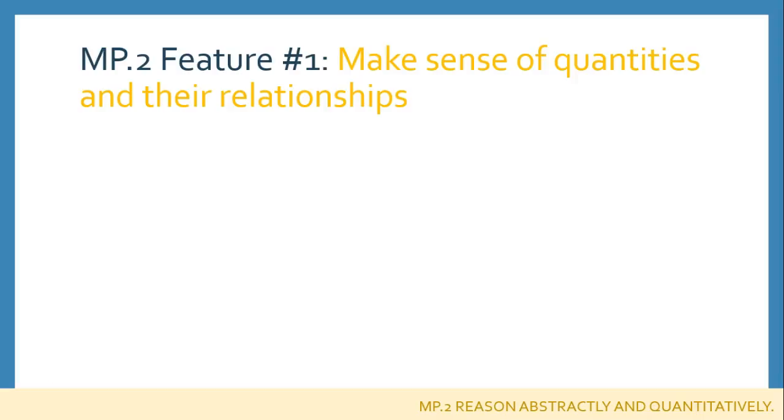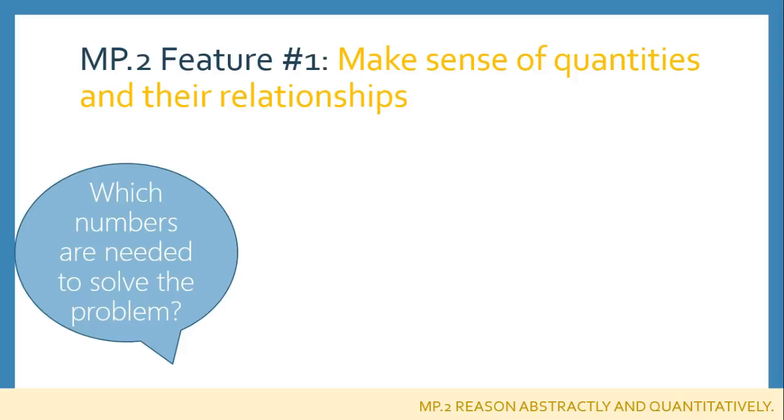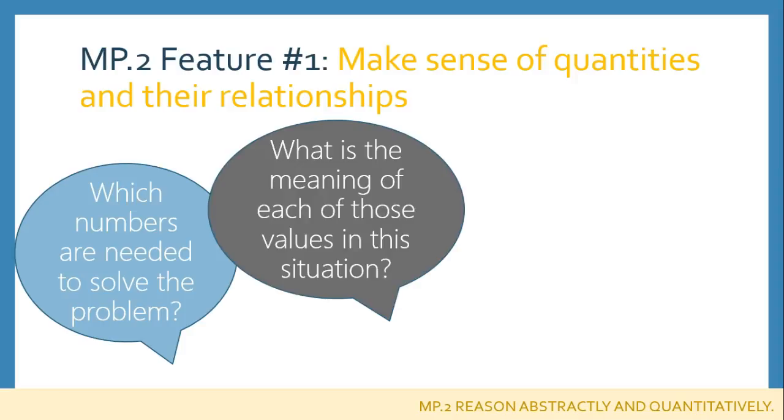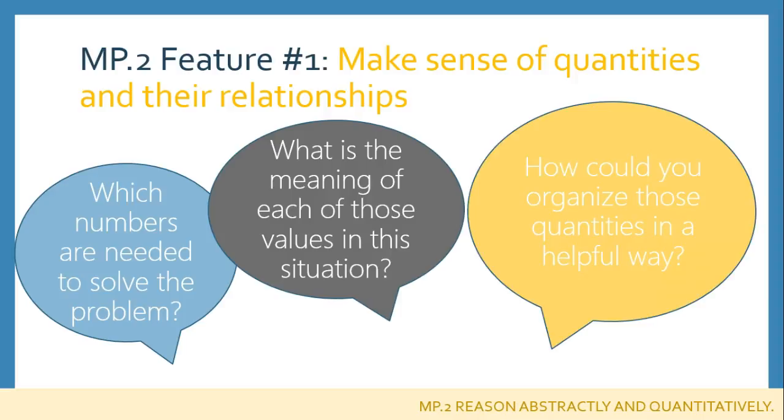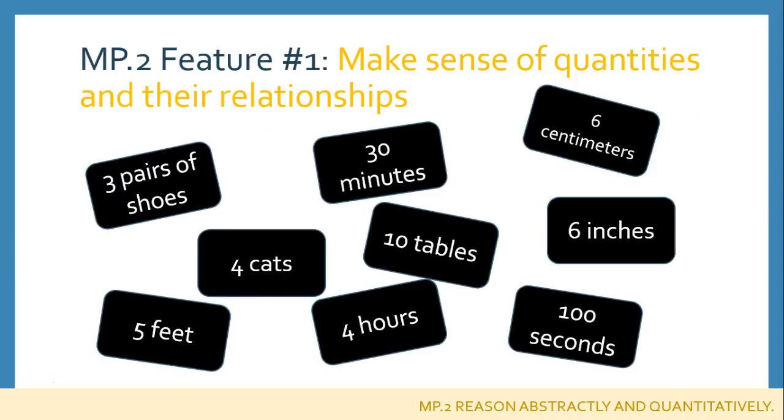To encourage learners to make sense of quantities and their relationships, you could ask them, which numbers are needed to solve this problem? What is the meaning of each of those values in this situation? How could you organize them in a helpful way? For example, at a lower level, you could give students cards listing various quantities.